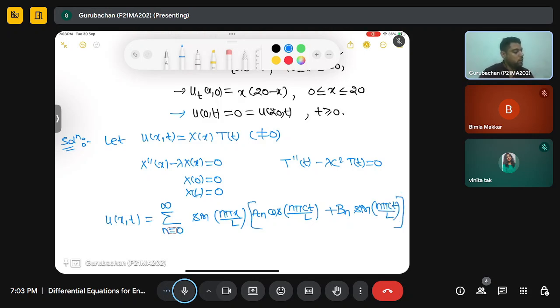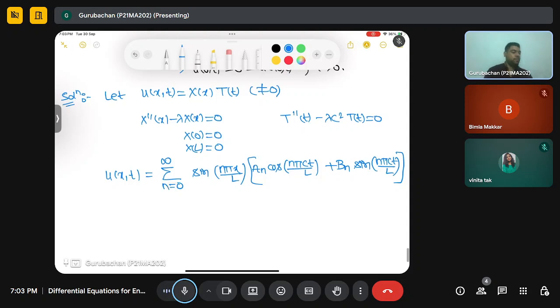So this is our targeted series where we have to find the arbitrary constants a_n and b_n that depend mainly on n.